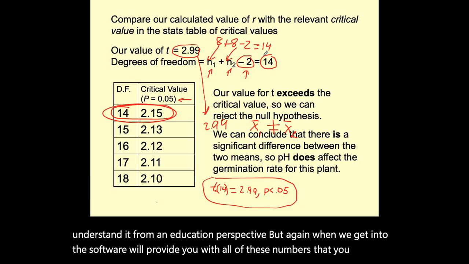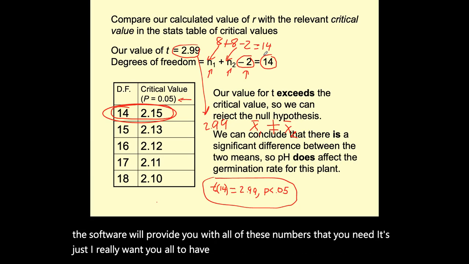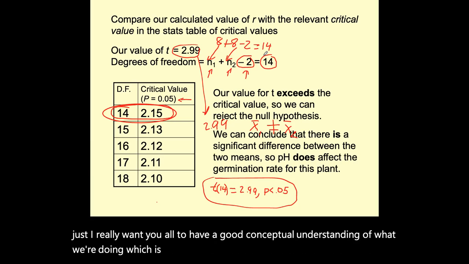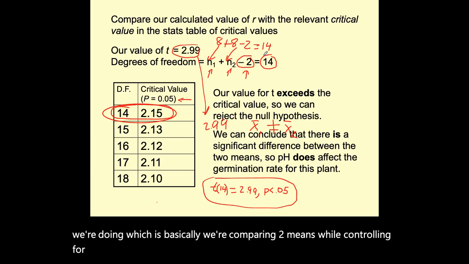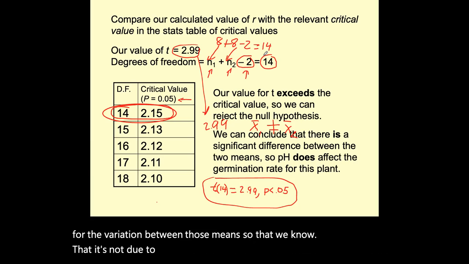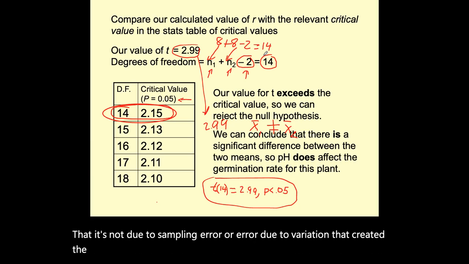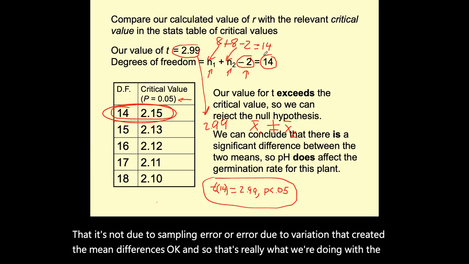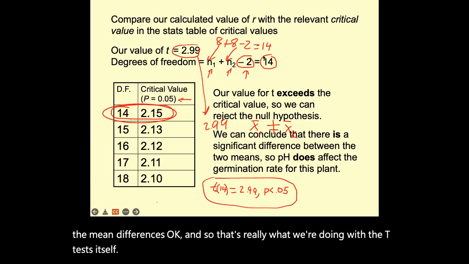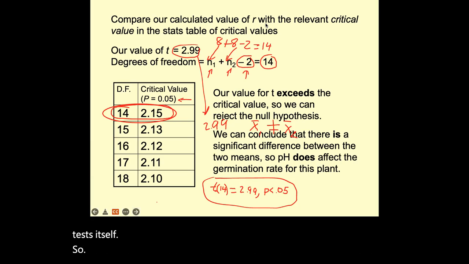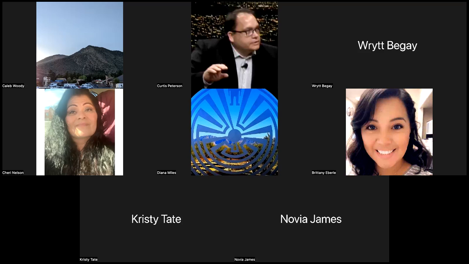I really want you all to have a good conceptual understanding of what we're doing, which is basically we're comparing 2 means while controlling for the variation between those means so that we know that it's not due to sampling error or error due to variation that created the mean differences, okay? And so that's really what we're doing with the t-test itself, all right? So that is the t-test.